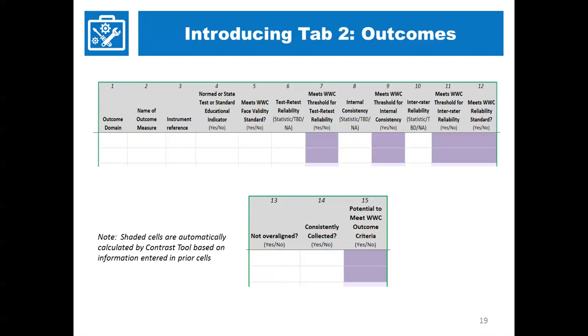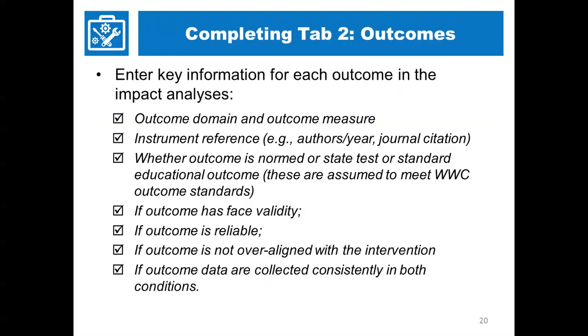The shaded parts on this blank template are where the contrast tool automatically generates a yes-no judgment. And so when we show the actual example, you will see how this works. Again, here's a list of all of the elements you're going to want to enter on that tab for you to reference when you actually do this yourself.